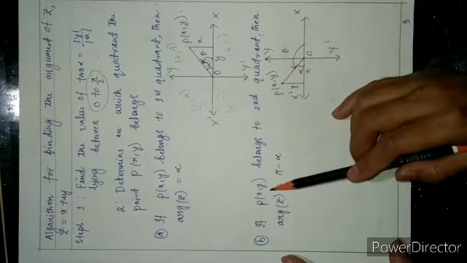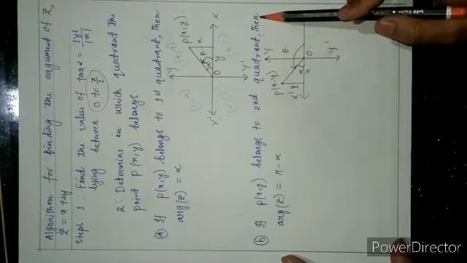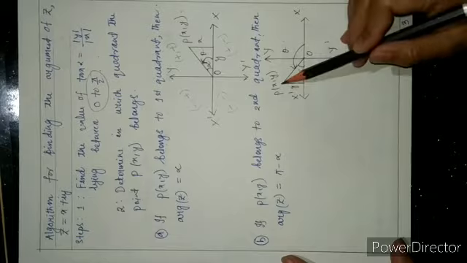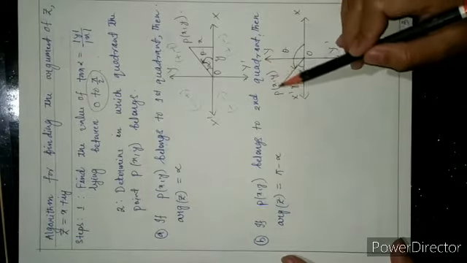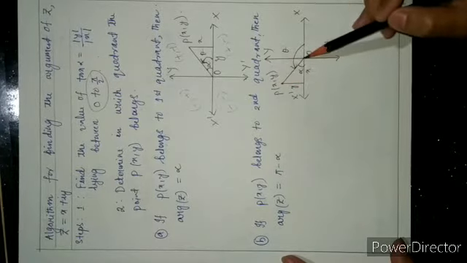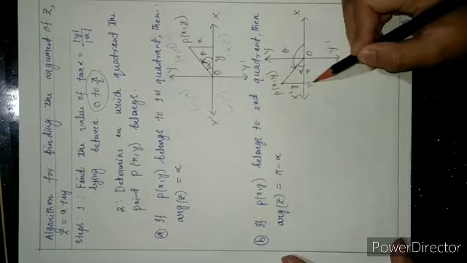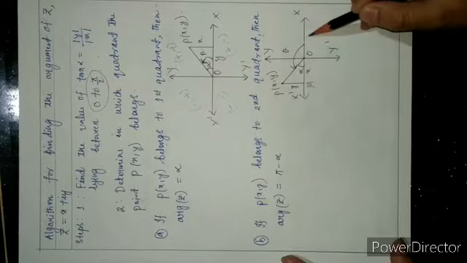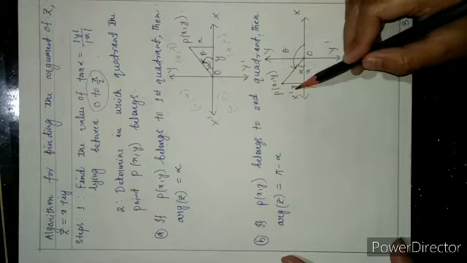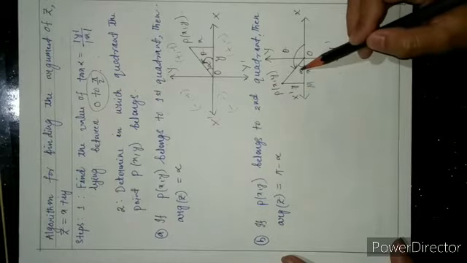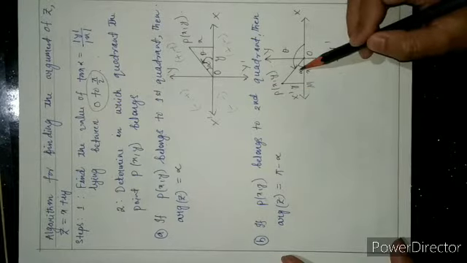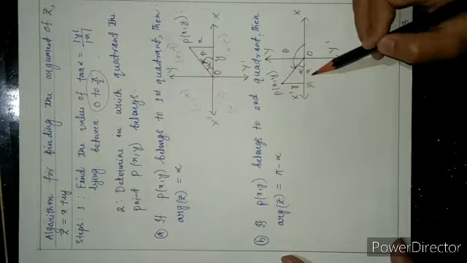Second case, if the point P belongs to the second quadrant. Here OP represents the given complex number x and y. Then draw PM, which is perpendicular to x-axis. This side represents y, this side represents x, and alpha is given by modulus of y divided by modulus of x.